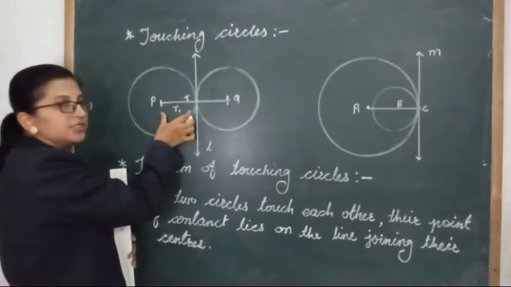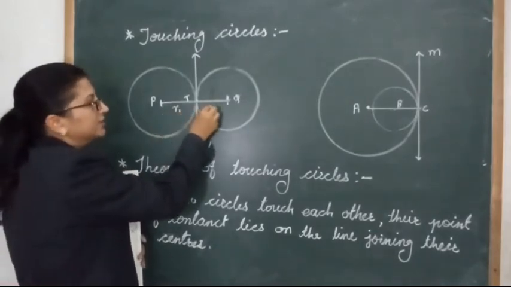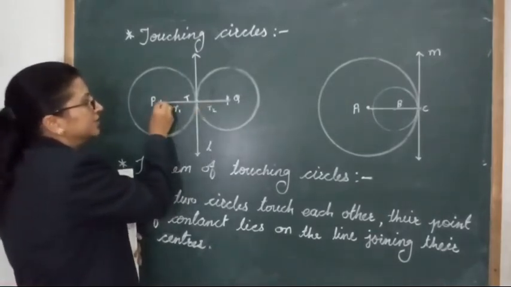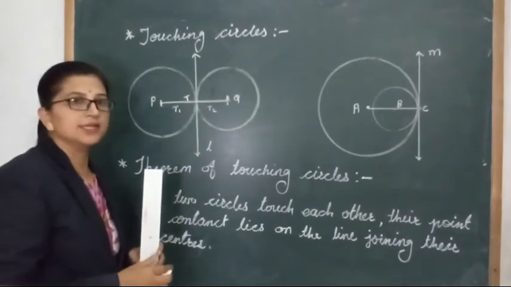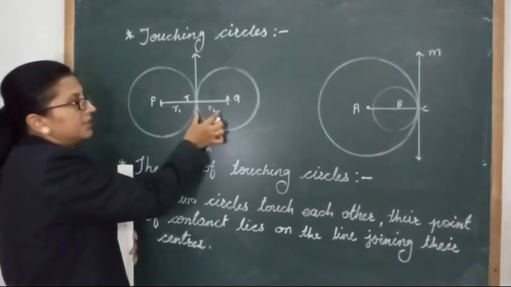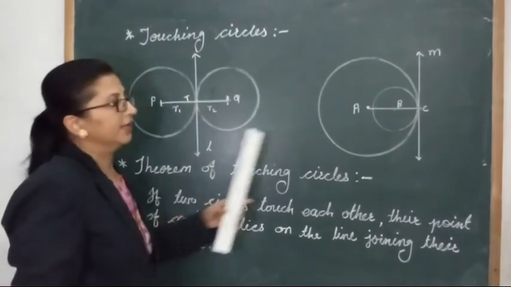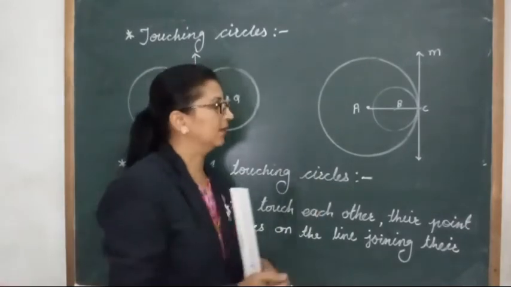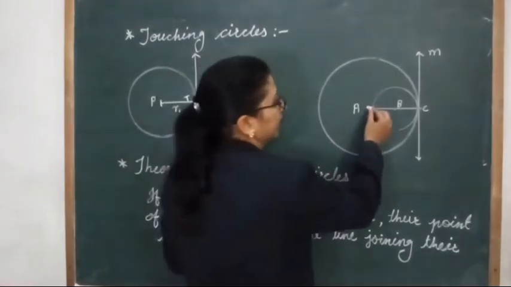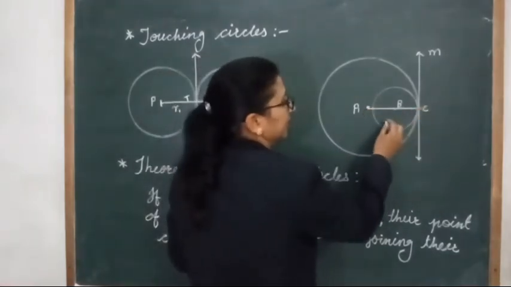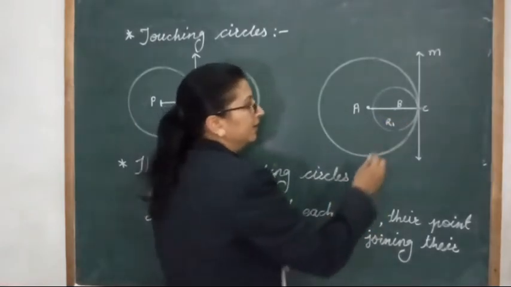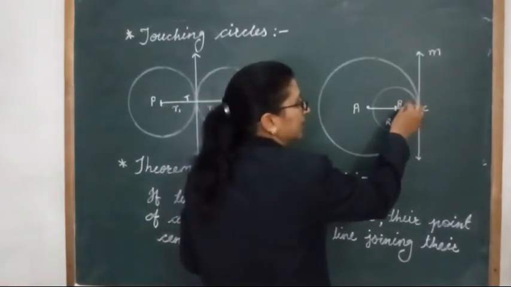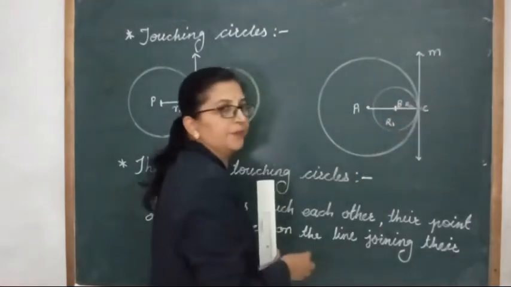Let's consider the radius of one circle as R1 and the other as R2. So the distance between these two centers P and Q is nothing but R1 plus R2. And in the case of internally touching circles, let's denote the radius of the bigger circle by R1 and the radius of the smaller circle by R2.